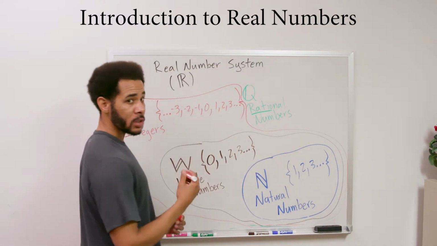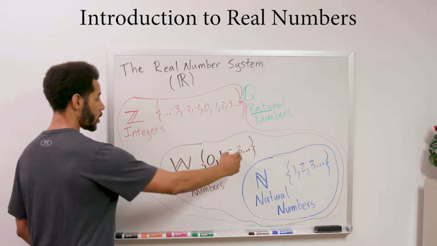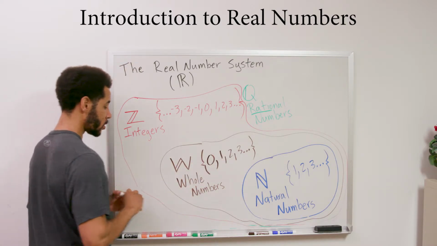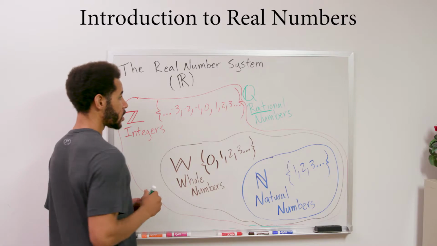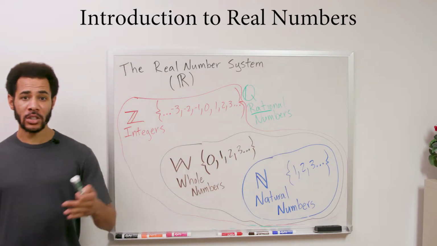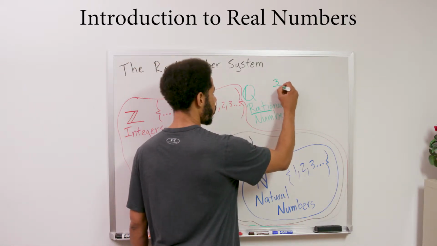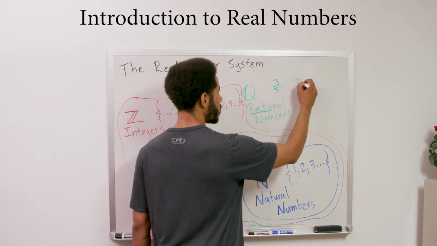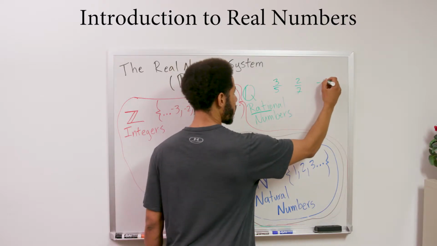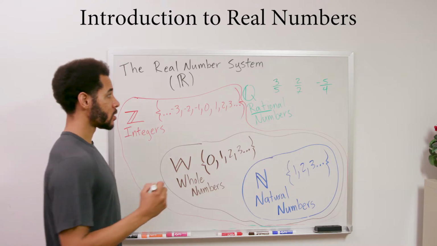Rational numbers are extremely useful because they allow us to see the spaces in between our integers or in between our whole numbers or natural numbers. The key word in rational numbers is this idea of a ratio. Rational numbers are a ratio of two integers. So numbers like 3/5 or 2/7 or -5/4 are all rational numbers.